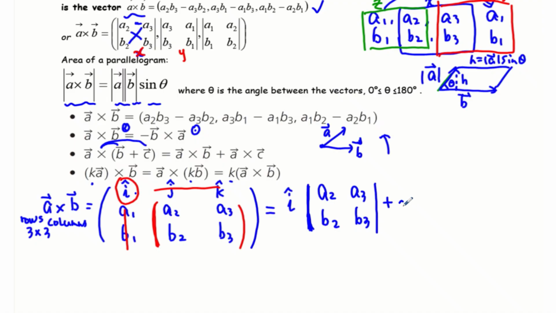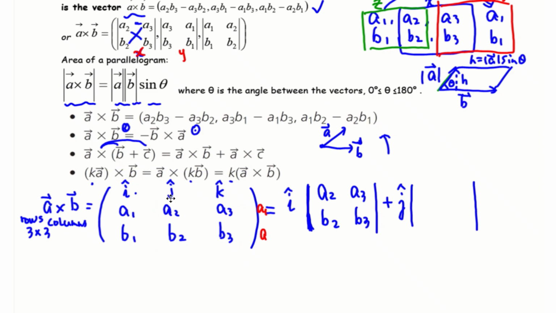Then plus the j direction. For the j direction, we cross the j out and continue. This part with no numbers, we put A1, A2 here. So for this part, we get rid of this.